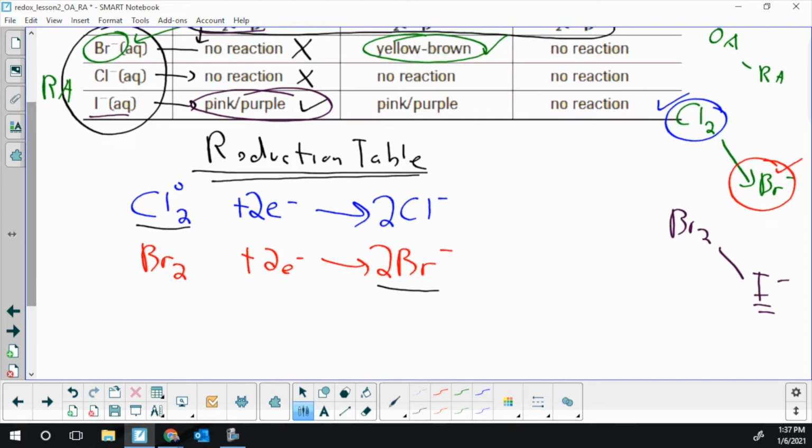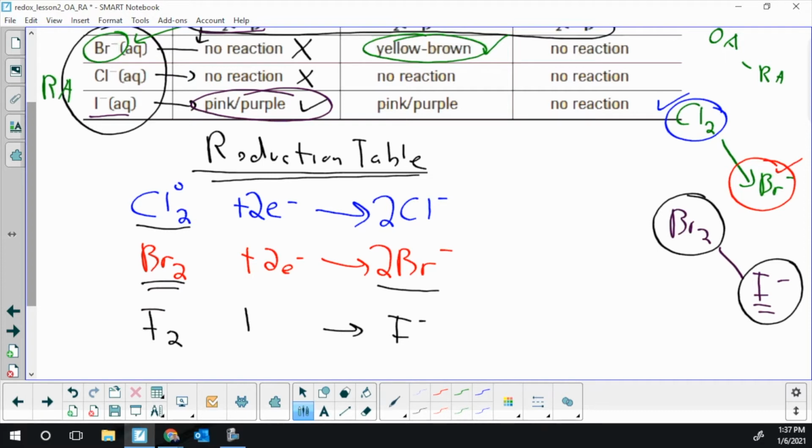If we keep going with our second point, we don't have to rebuild a bromine half reaction. We already have bromine right here, and we know iodide has to be below it. That's the only way for it to be spontaneous, and then I can fill in that whole half reaction.